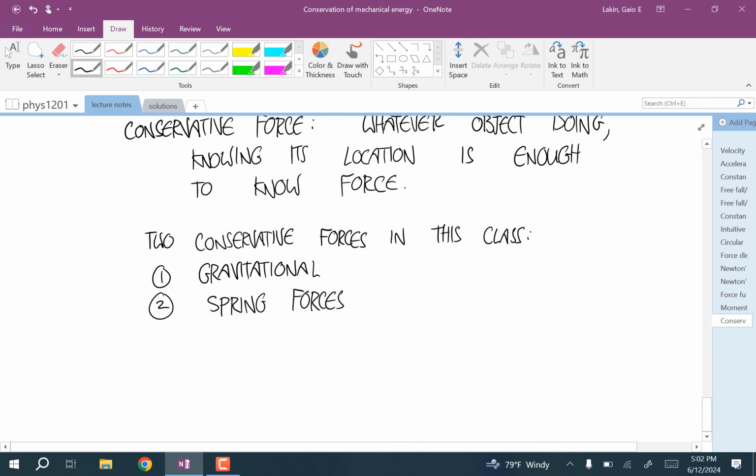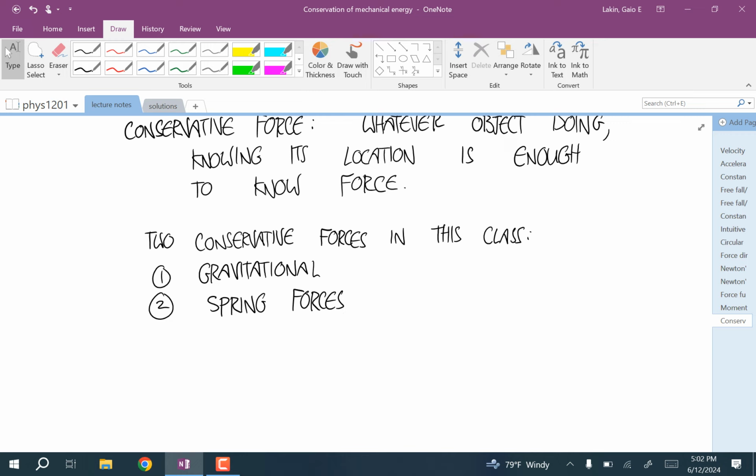When we get to the second term of this class, and we start talking about electricity and magnetism, we'll have to include electric fields in there, and we'll have to include magnetic fields in there. But for this part of the class, the only conservative forces are gravity and springs. Everything else besides those is a non-conservative force, which means that for everything else we talk about in this class, you could put an object in a certain location and figure out a way to change that force.